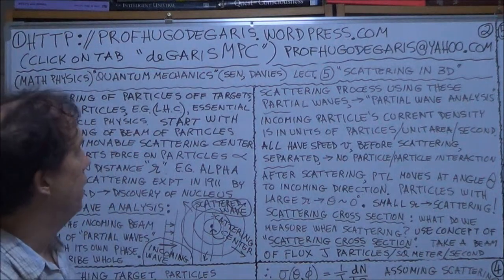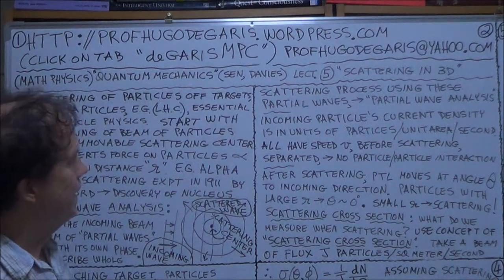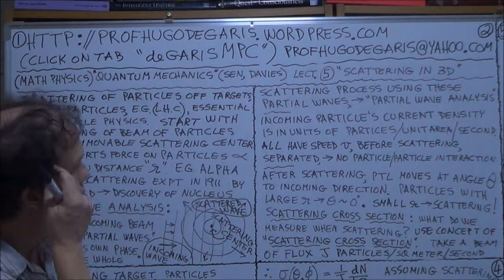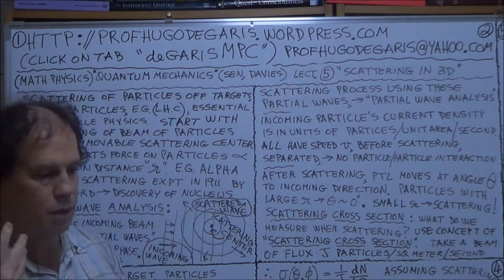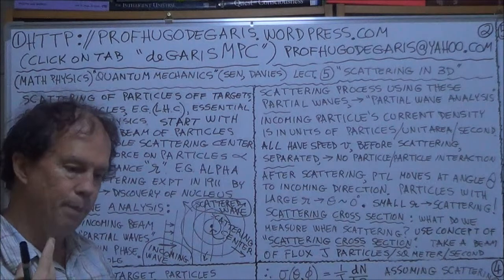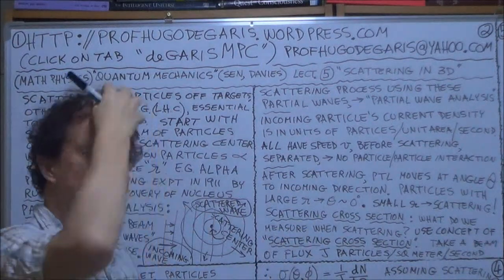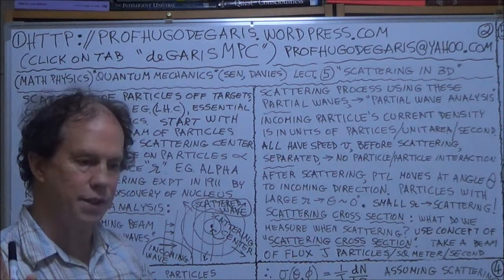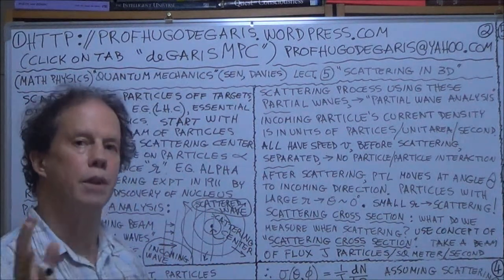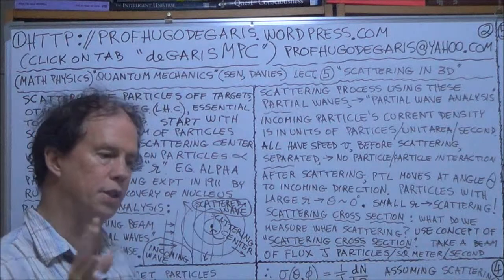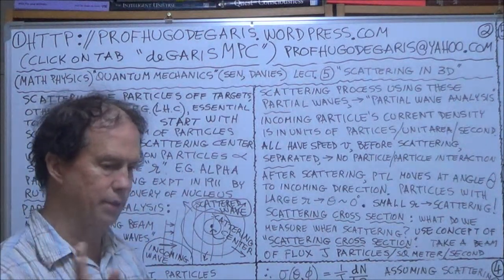All right. So we need to describe, in a sense, how much flux is coming in. We need a measure of how much flux, how many particles. Well, here it is.